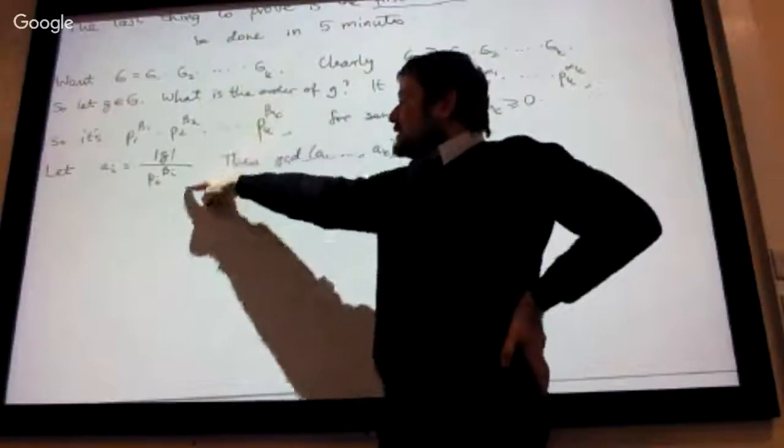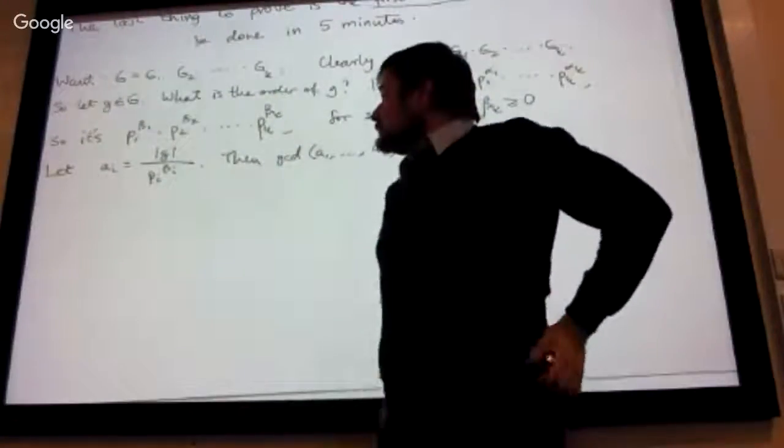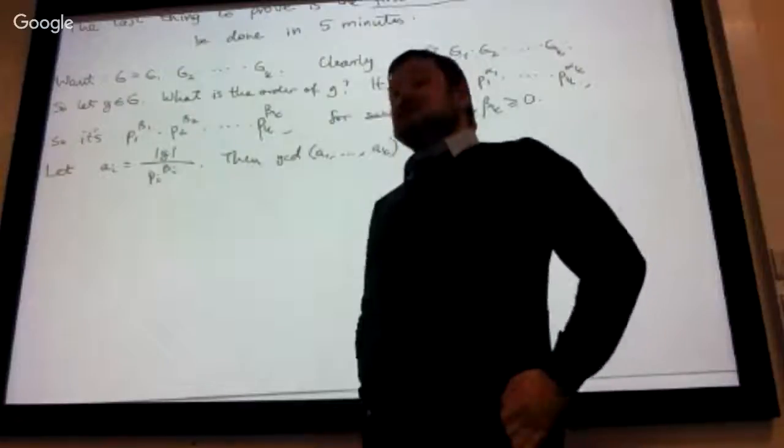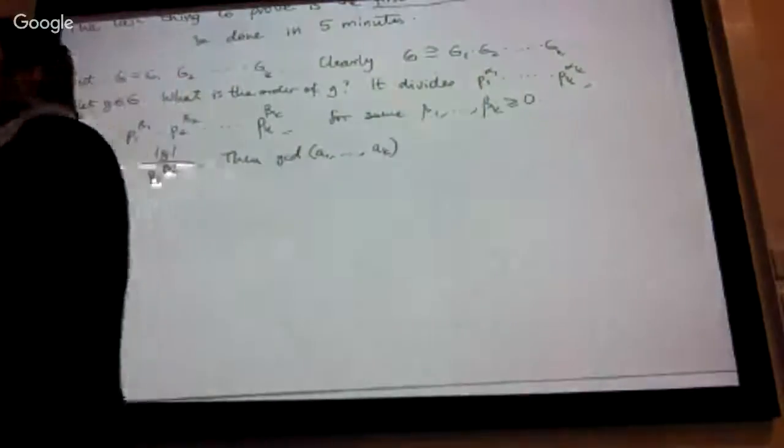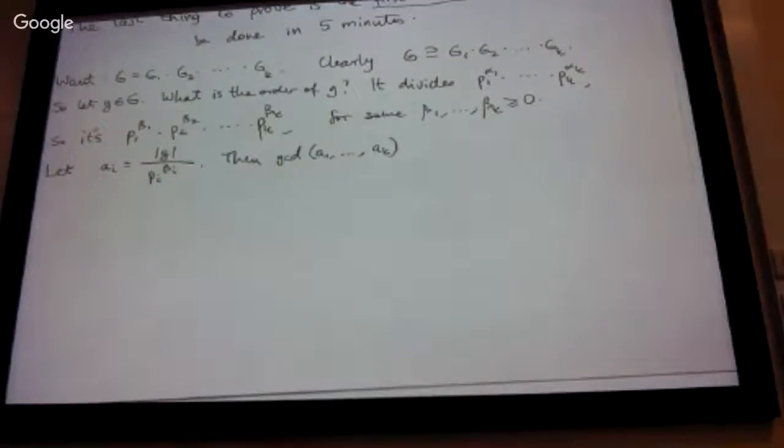But why does it say the order of G divided by Pi to the beta i? Because that's how it works. Yeah, there's nothing I can do about that. So, do you understand what Ai is, everybody? Yeah. That's what it says.